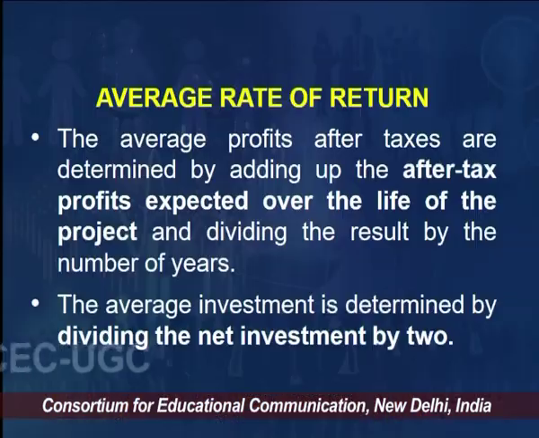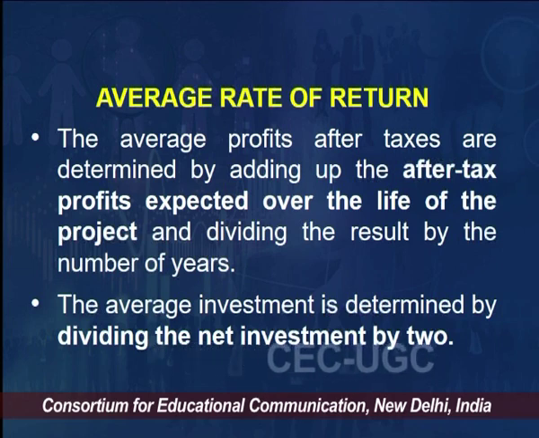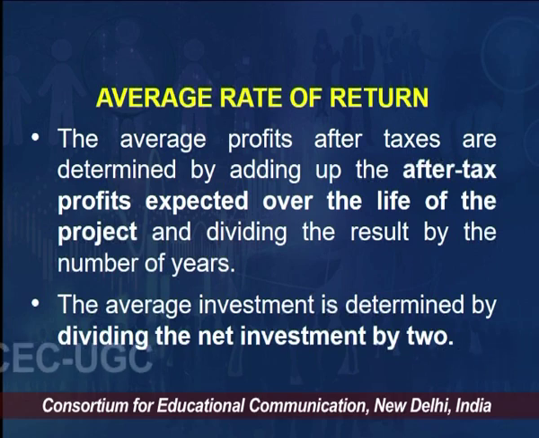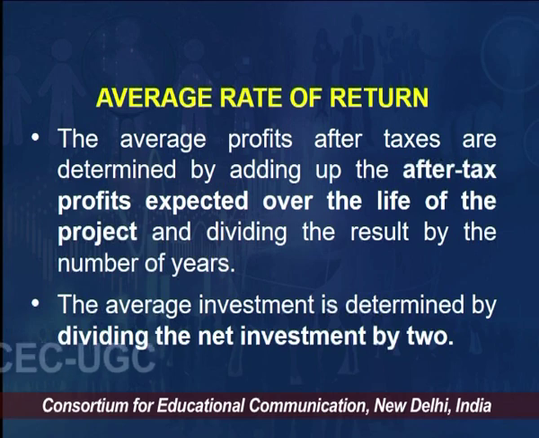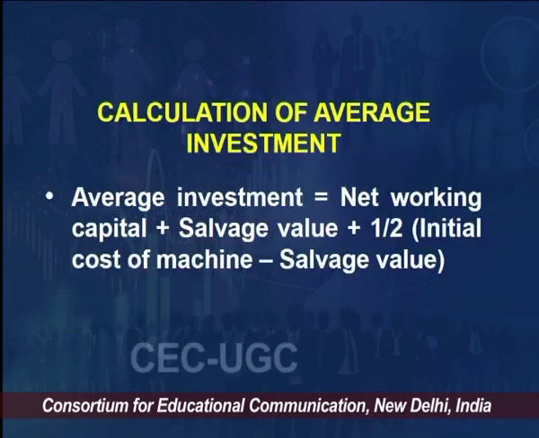The average profit after taxes is determined by adding up the after tax profits expected over the life of the project and dividing by the number of years, and average incremental investment is determined by dividing the net investment by 2.